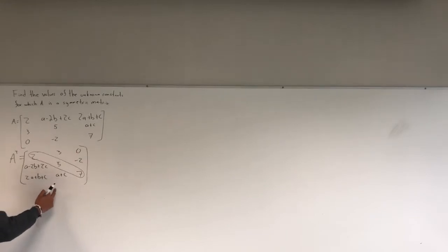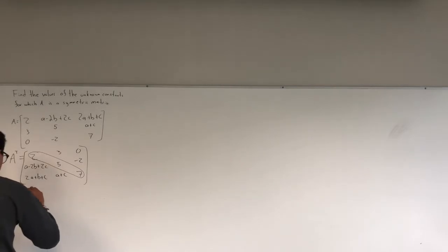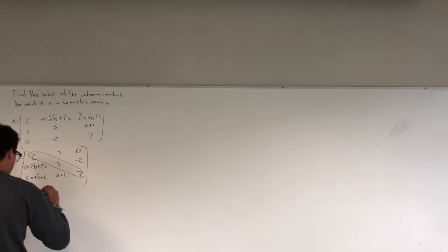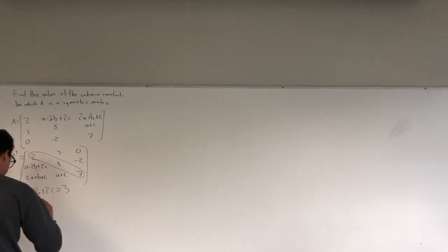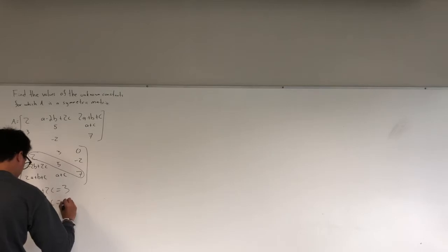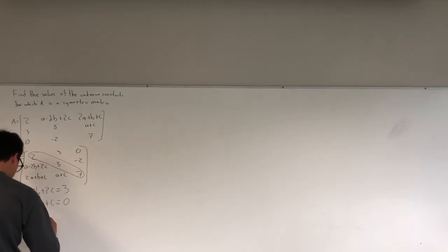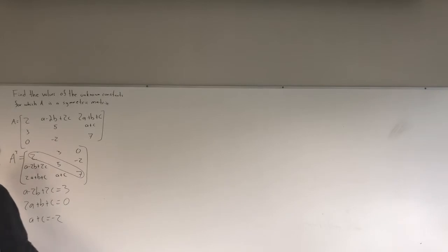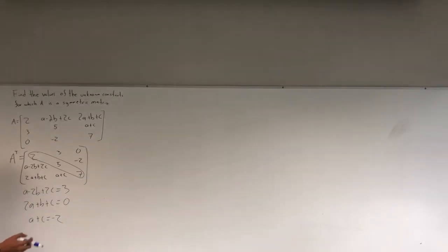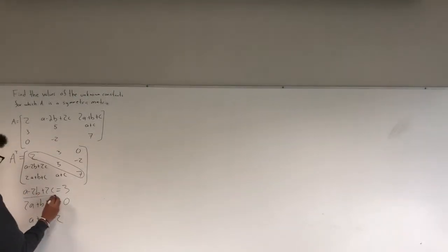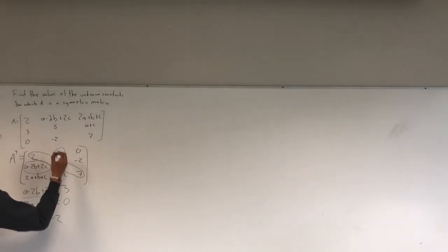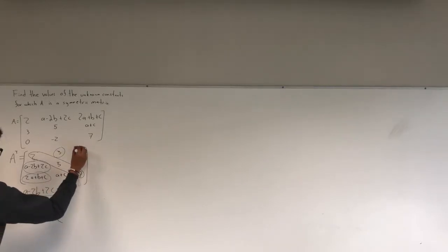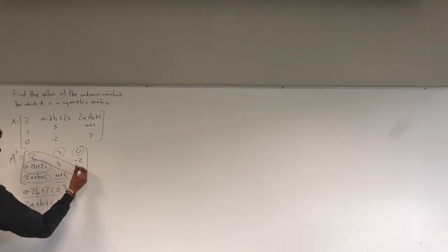So with this, now we can get a system of equations which will be A minus 2B plus 2C equals 3, 2A plus B plus C equals 0, and A plus C equals minus 2. We can see that this comes from this value equal to this value, and this value equals to this value.